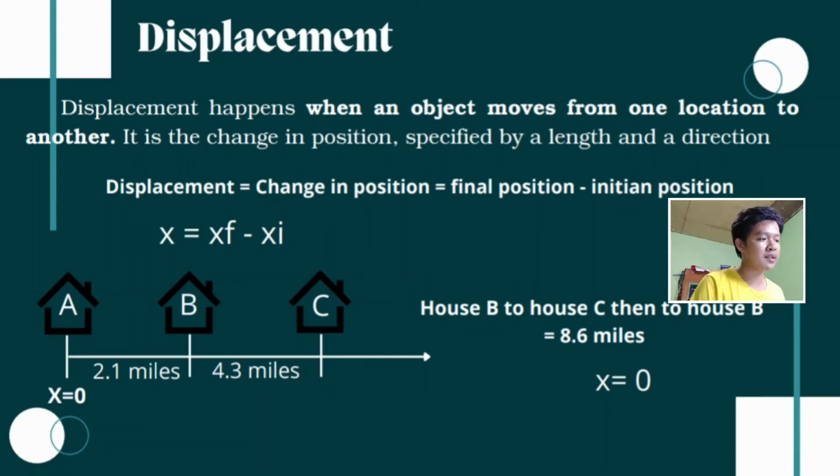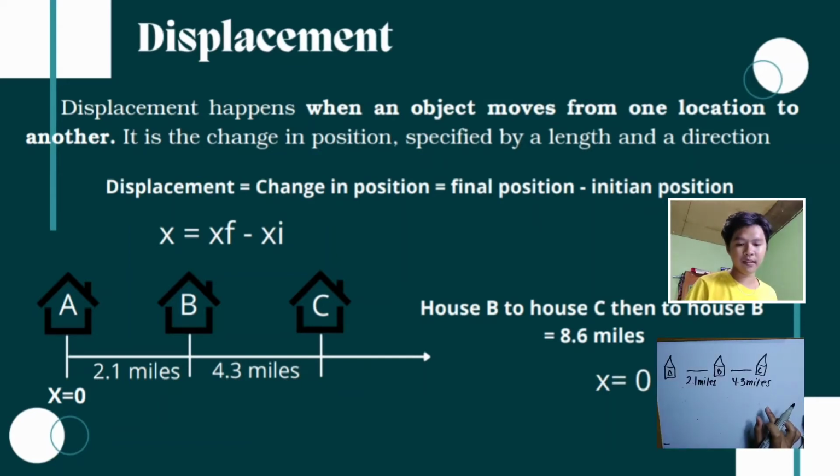So, house B to house C, then house C to house B. So, for us to find the total distance travel of B to C and house C to B, we need to add 4.3 miles plus 4.3 miles, so equals 8.6 miles. So, this is the total distance travel, whereas displacement is 0. Displacement is 0.